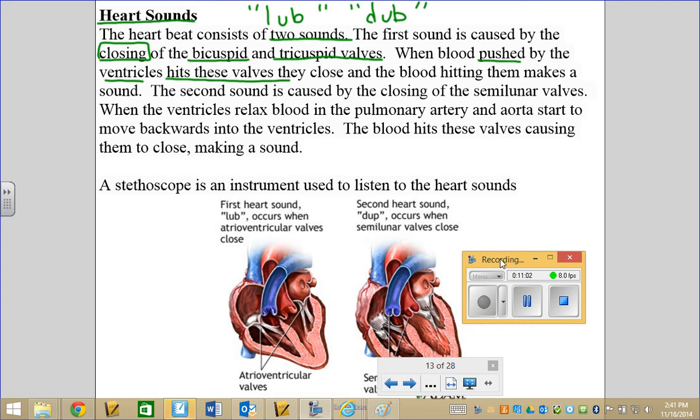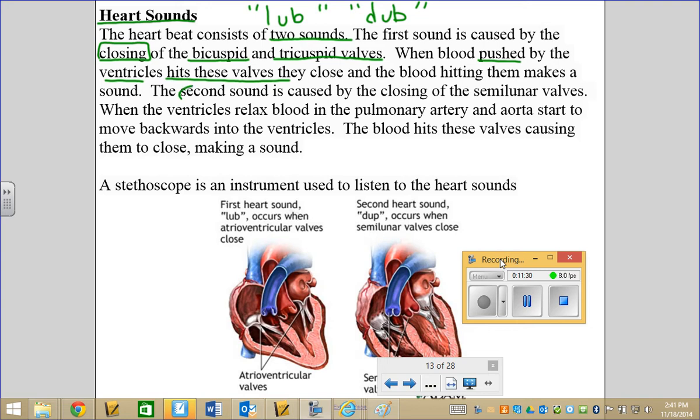So the first sound is when the valves, bicuspid and tricuspid valves, close. And they close in response to the blood being below them. Valves are not things that can think on their own. They just respond to stimuli. And those valves always close when the blood has gone through them and is now below them, let's say.